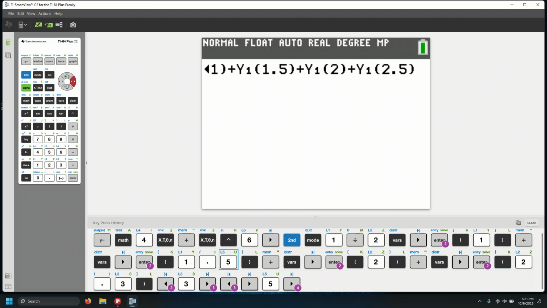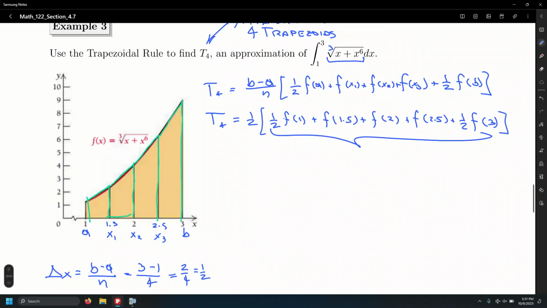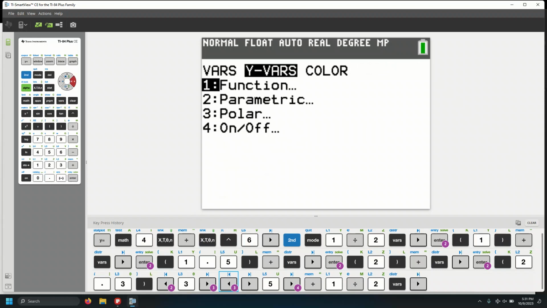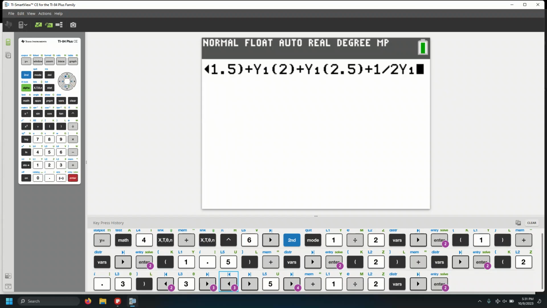But notice again, be careful because 2.5 is the second to the last term. The last term, we need to multiply that by 1/2. So plus 1/2 vars, y vars, function, choose y1, open parentheses to evaluate it at 3, and close parentheses. So that's what you are supposed to set on your graphing calculator.